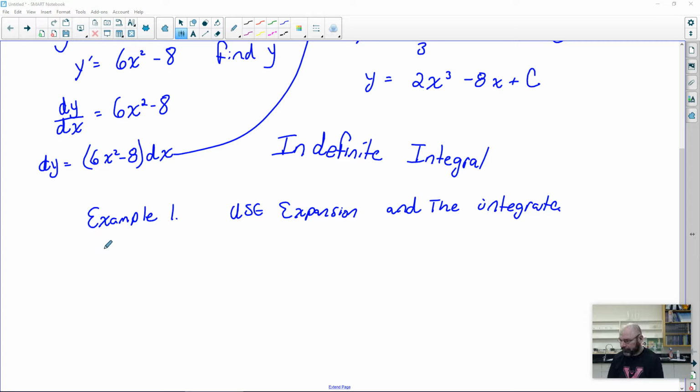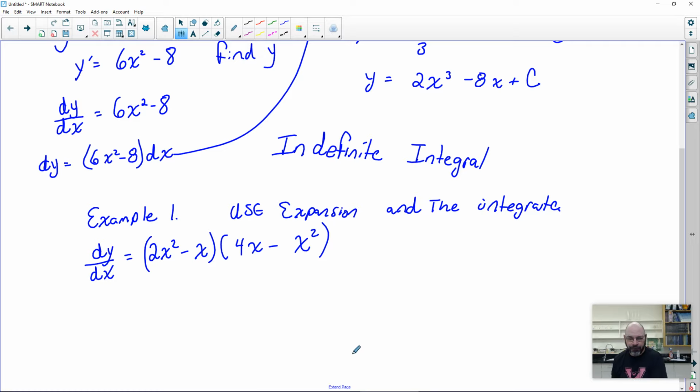So let's say that I have dy/dx is equal to, let's go with something like 2x squared minus x times 4x minus x squared.